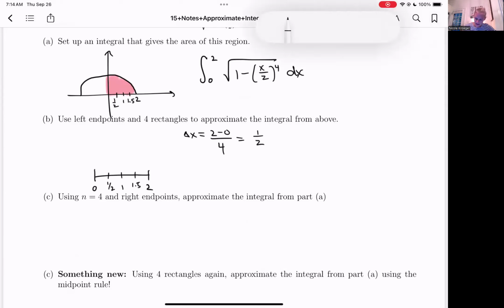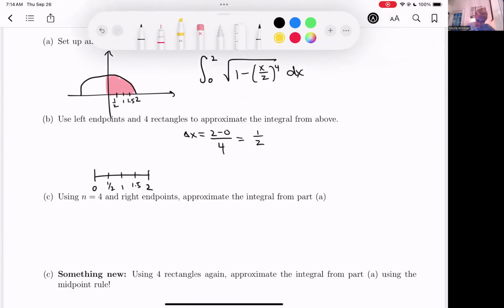Okay, so if we use left endpoints, remember that means that we pick the left endpoint of each interval to create my rectangle from. So I'm going to start, for instance, at 0. I'm going to go up to my graph and across and down. So that rectangle has height given by f of 0, because we went up to the function there.